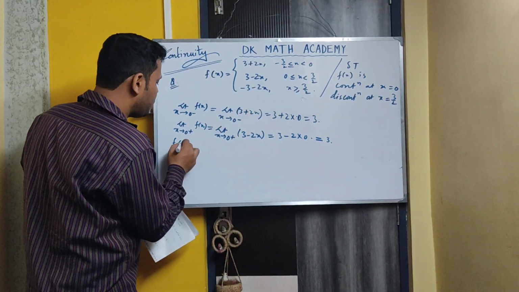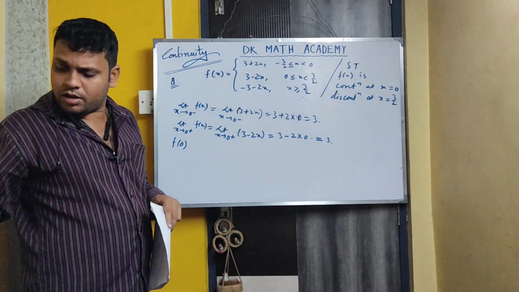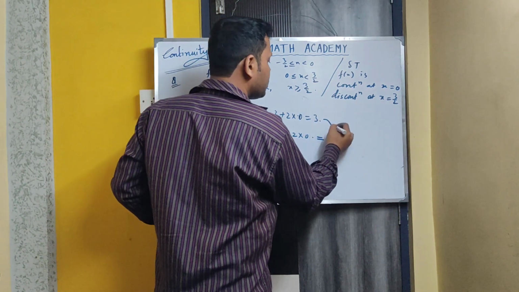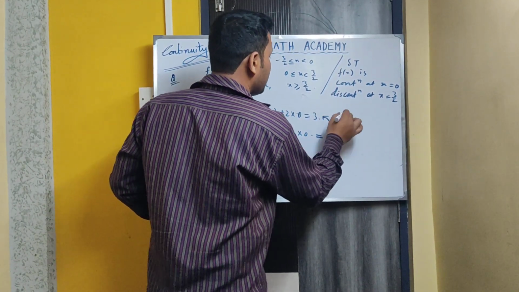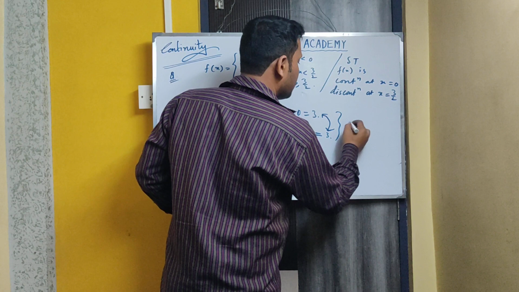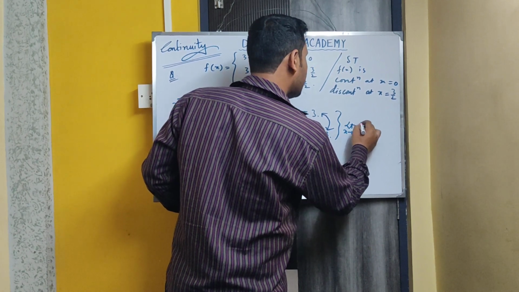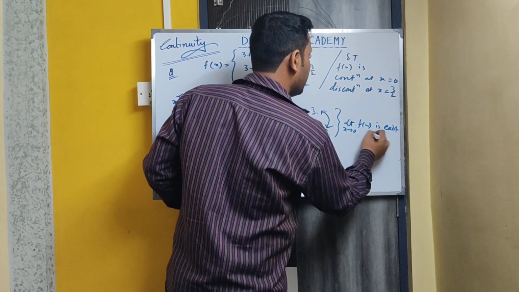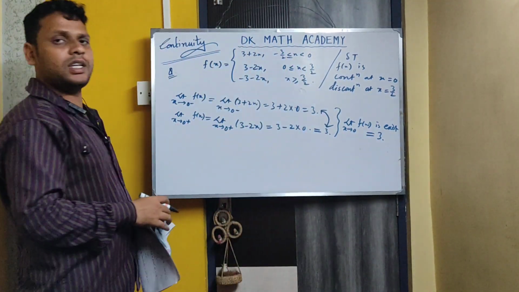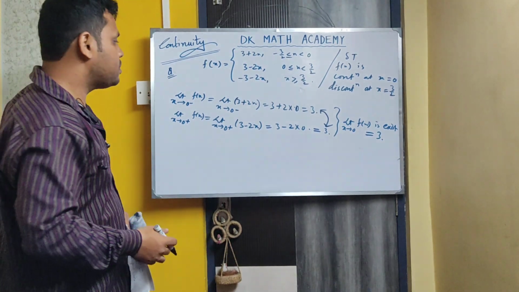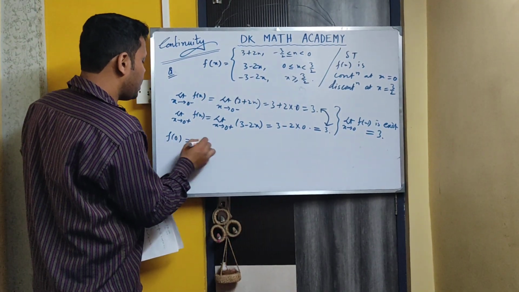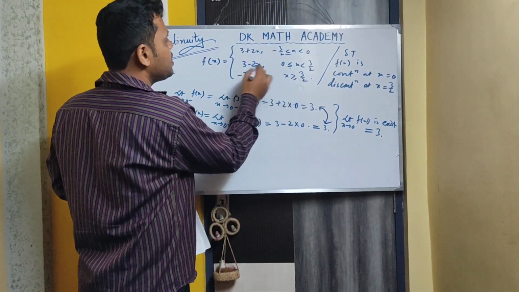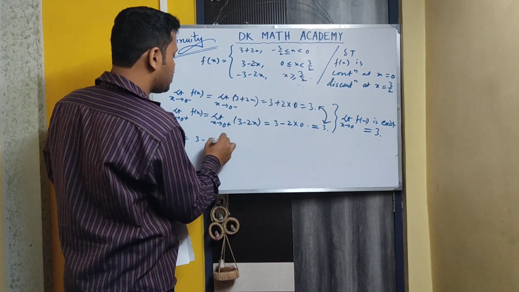Now f of 0. Here we see that the left sided limit and right sided limit are equal. Hence from here we can say limit x tends to 0 of f(x) exists and equals 3. Now we see what will be the value of f of 0. F of 0 means when x equals 0, the function is 3 minus 2x, that means 3 minus 2 into 0.